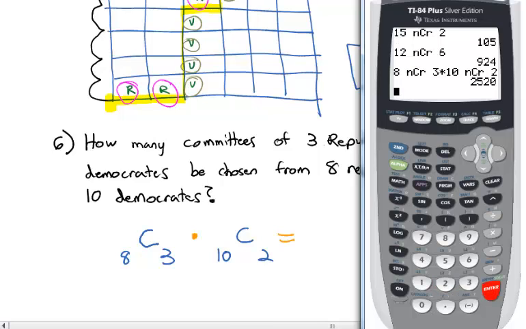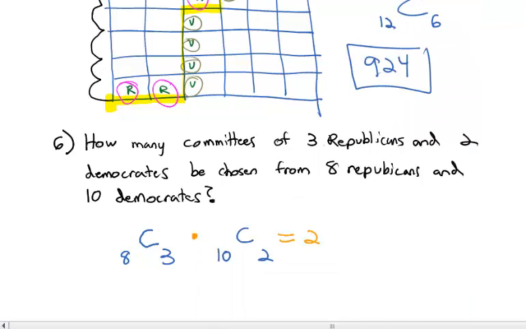There are 2,520 different committees that could be formed out of this group with 3 Republicans and 2 Democrats.